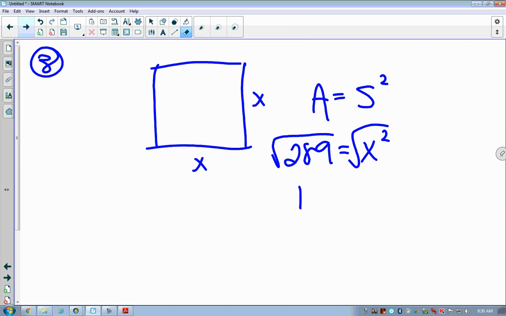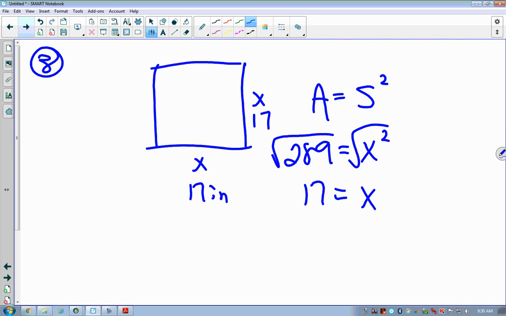I don't think it's 13. That's 169. What's this? 17? 17 equals x. So if I plug in 17 there and 17 there, 17 times 17 should have given me that 289. We only want one side, right? How many inches long? And because it was square inches to begin with and not square feet, my units are the same. I didn't need to convert anything. So 17 inches is the length of one side. Are we okay there? Okay.